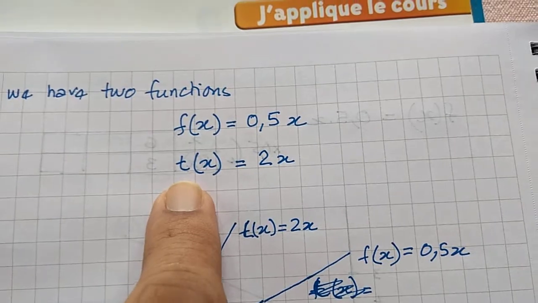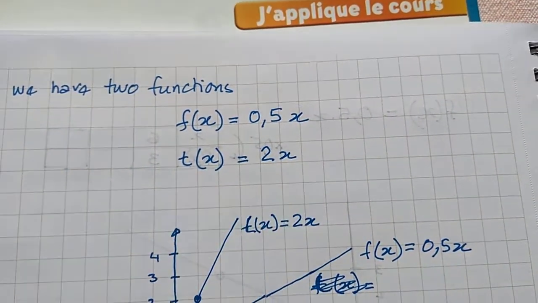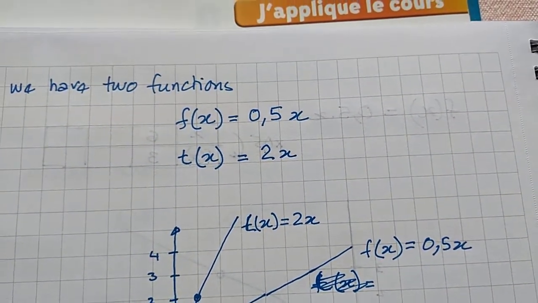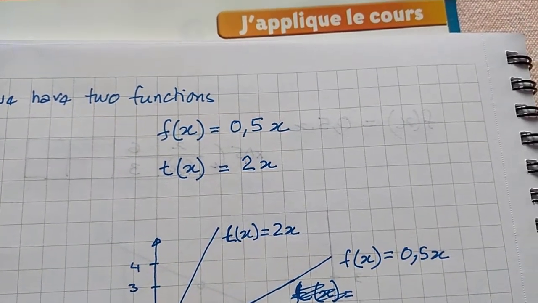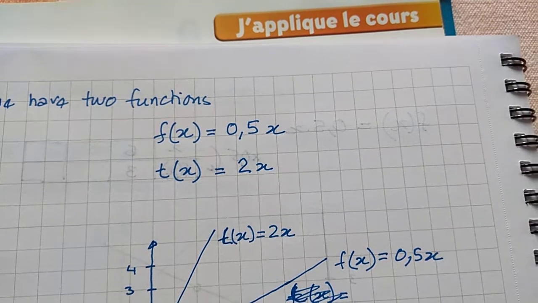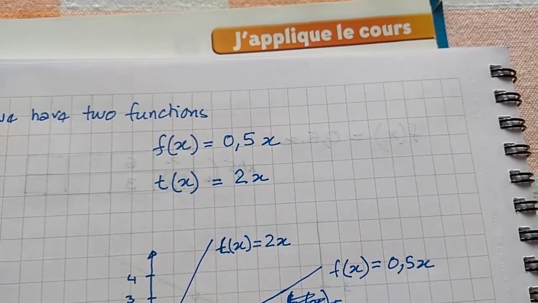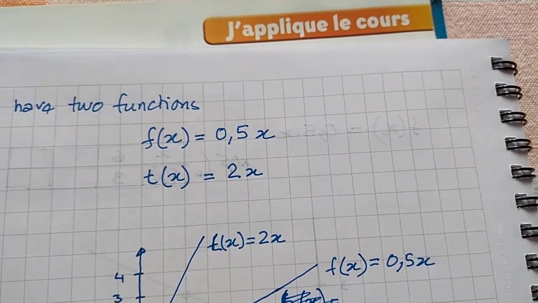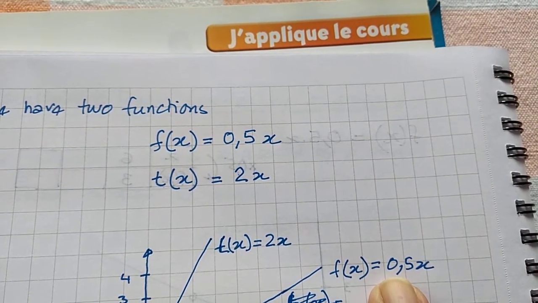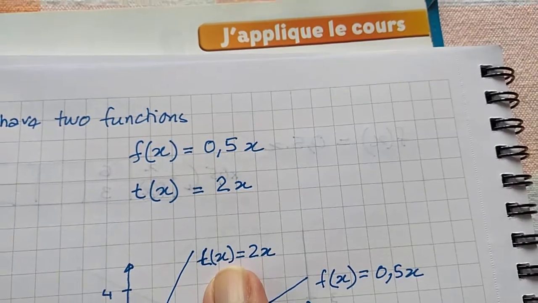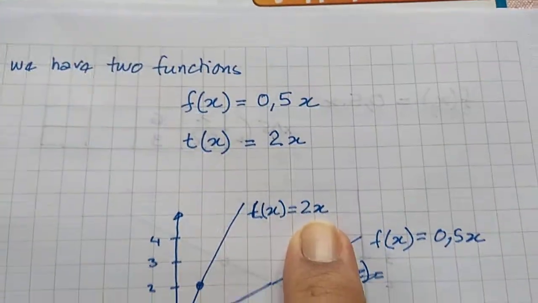We take the function t(x) equals 2x, and here when x is equal to 1, the t(x) value in this case is equal to 2. So I get two lines. I'm marking this one as f(x) equals 0.5x, and that one is t(x) equals 2x.